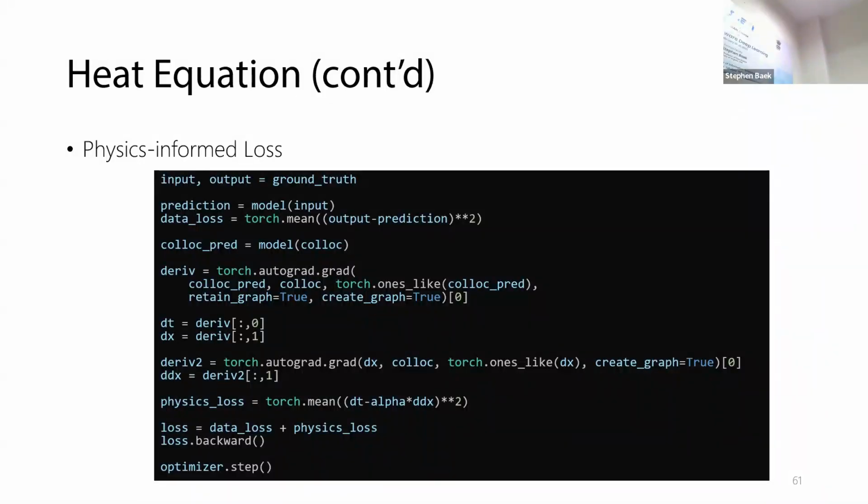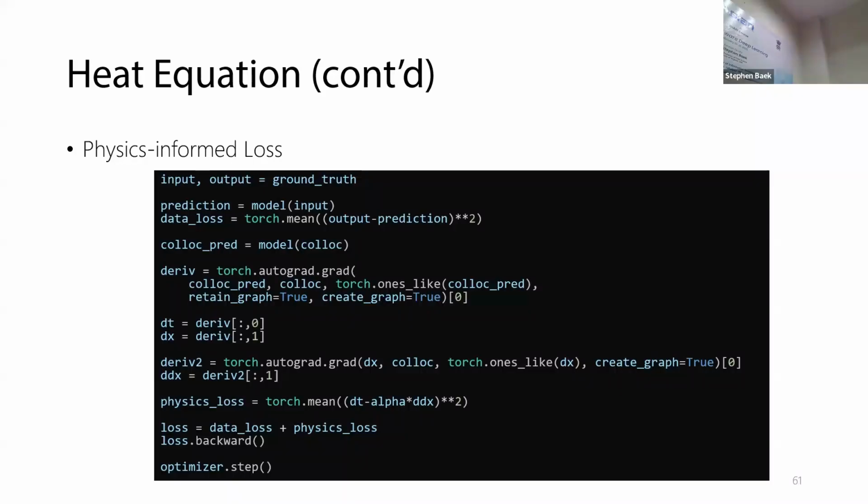Now, in terms of the physics-informed loss, this is something that we learned last time, torch.autograd.grad, right? In this way, you can take the derivative of any arbitrary, sophisticated function, as long as you have a computational graph available.